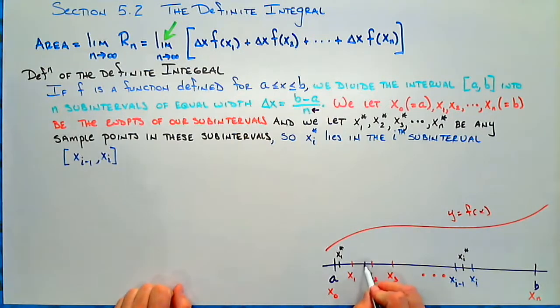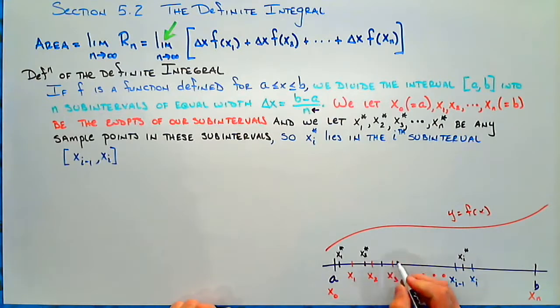X sub 2 star, we'll pick this as our x sub 2 star. X sub 2 star lives between x sub 1 and x sub 2. And that means x sub 3 star, we'll pick this point as x sub 3 star. Remember, we get to pick any number we want in that interval. So take a look now. X sub 3 star lies between x sub 2 and x sub 3.